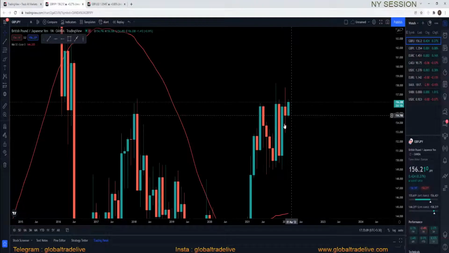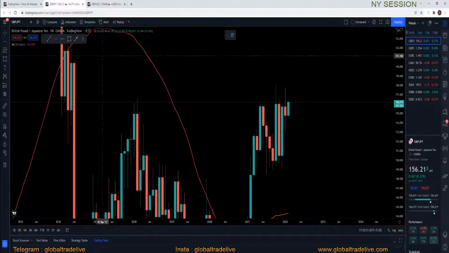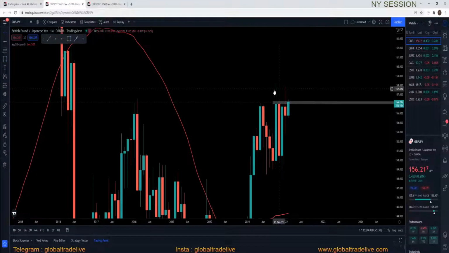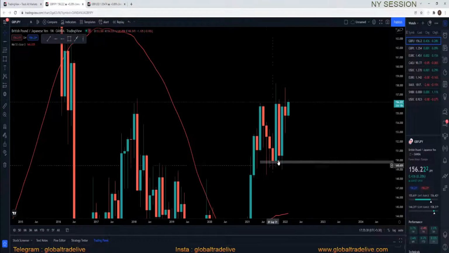So, all these monthly candles were creating a resistance over here. This candle went up from here, the next candle went down, the next candle went up, right? So what was happening is this becomes our first support, and over here this becomes our second support.